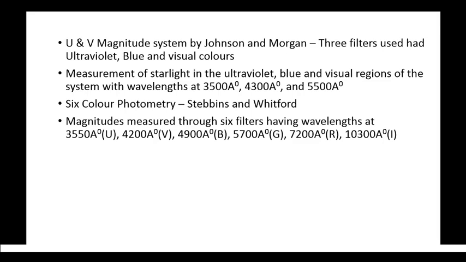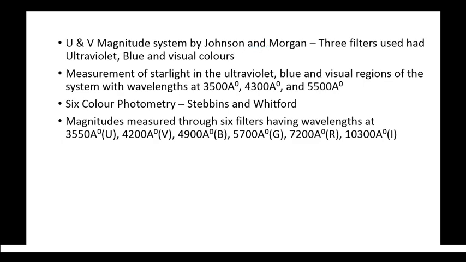So this photoelectric photometer analyzed the brightness of several stars and then classified the stars according to their brightness, and that magnitude system is known as the UBV magnitude system, which was made by Johnson and Morgan.